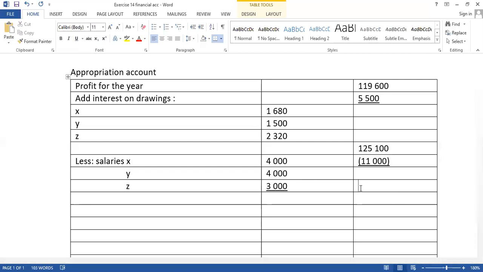One hundred... yes. And then from there, you are told that after that, there is a bonus of 10% of the profit after interest and salaries have been taken into account.